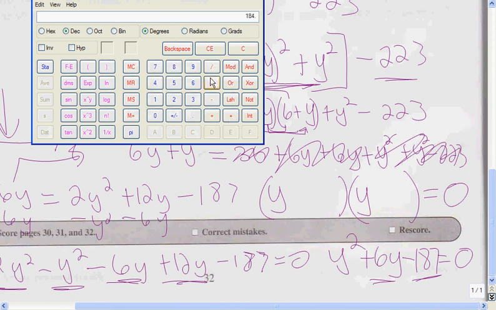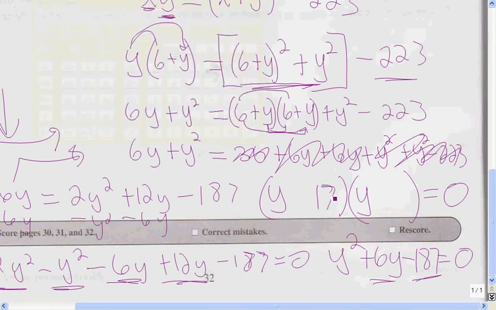No. 187 divided by 5, no, that's not going to be it. 187 divided by 9, maybe? Nope. 187 divided by 13. 187 divided by 17. Yeah, 17 and 11, when I subtract, give me 6. So 17 and 11, when I multiply, give me 187, and when I subtract, give me 6.